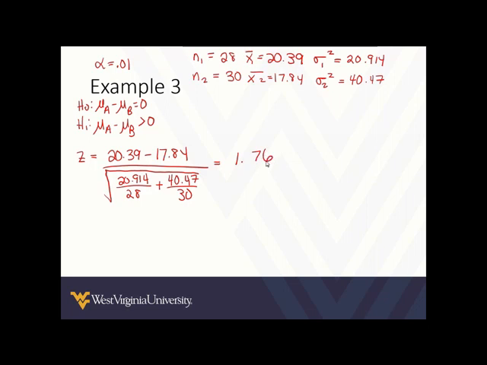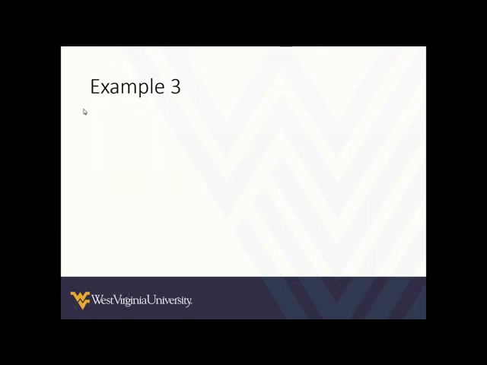At this point, we can move on to step 3, where we will reject our null hypothesis. And we have been doing lots of our critical region methods, so I'm going to do the p-value for this problem. We reject if our p-value is less than or equal to alpha, which is again at the 1% level.